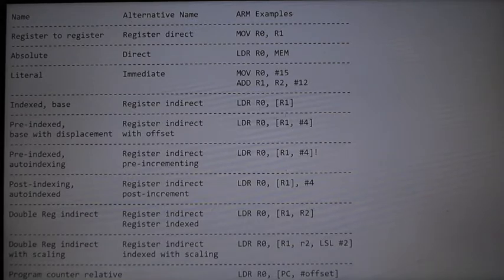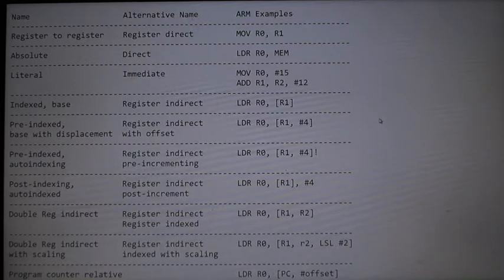Here the R1 register holds the memory location of some value, and that R1 location is incremented by 4 bytes.